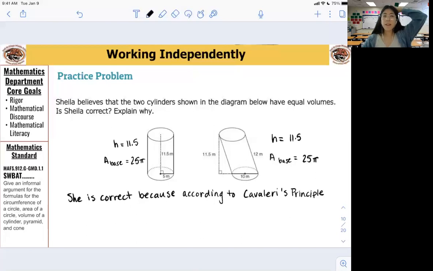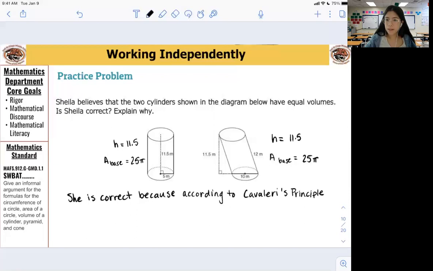This is something that in geometry, especially, there's a lot of theorems and principles and different people's names. Pythagoras is Pythagorean theorem, Cavalieri's principle, you know? So if there's a person or some sort of name for what you're talking about, you're going to want to say it. Okay. So this would be a really good response. She is correct because according to Cavalieri's principle, and then you can say everything else that you said.